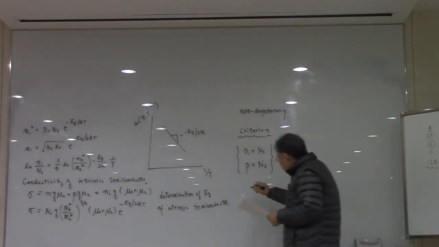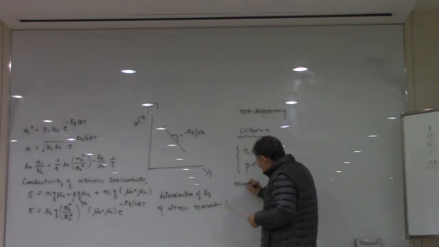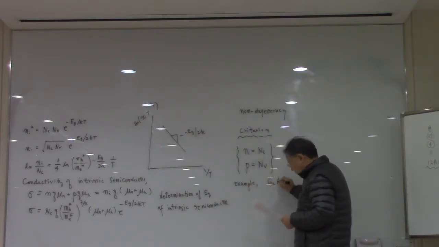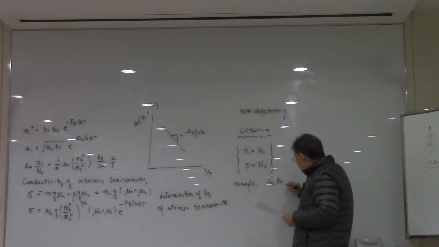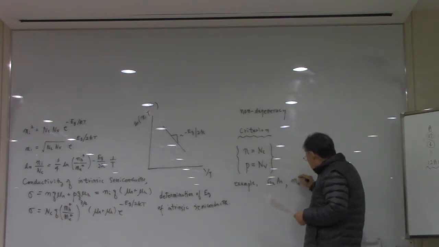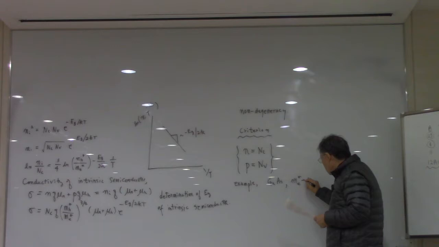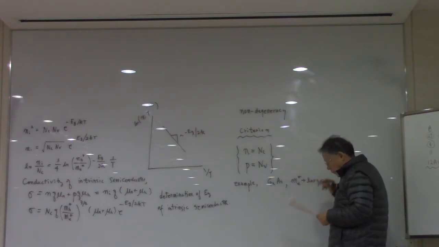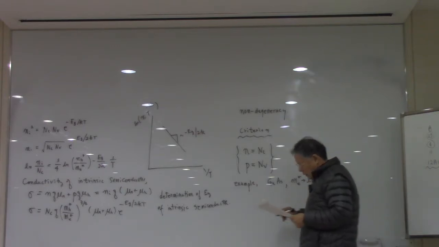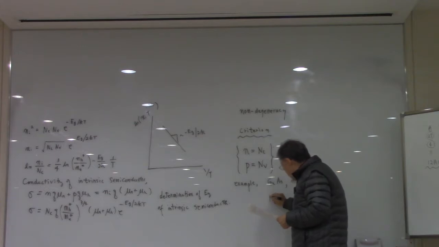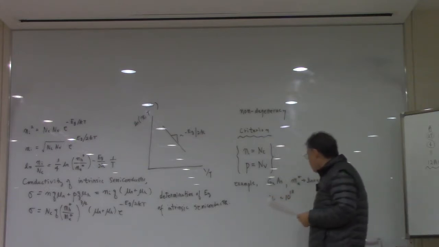For example, in gallium arsenide, me star is small, so that the Nc is almost 10 to the 18th.